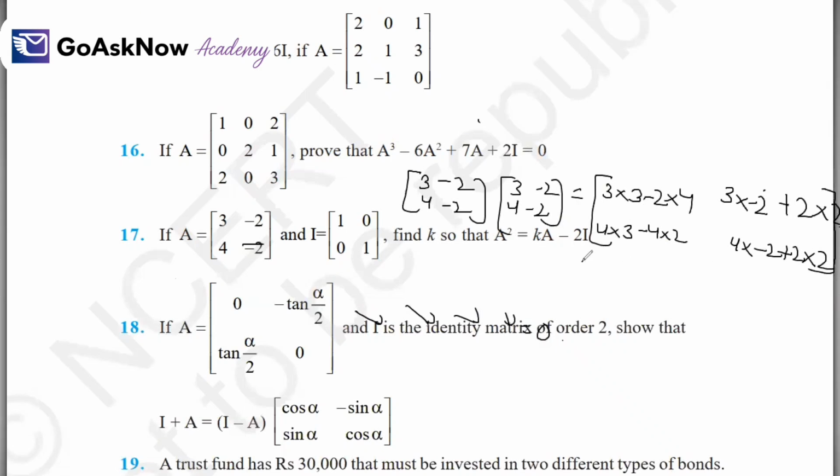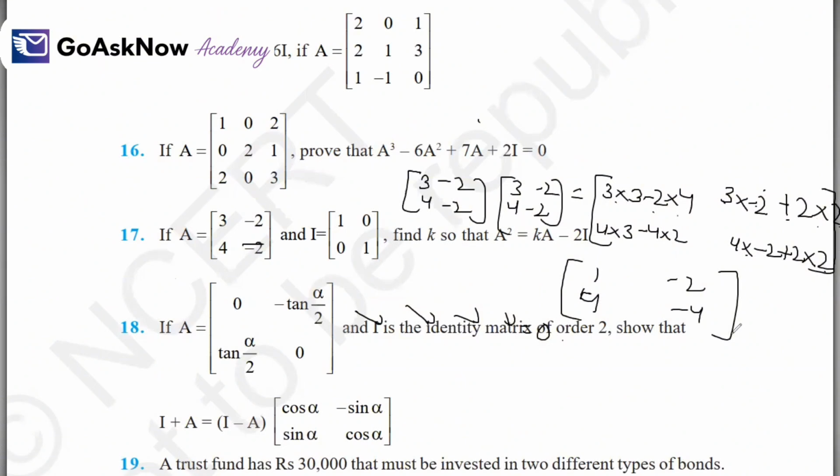After calculating it, you will get here 9 minus 8, that is 1, minus 6 plus 4, minus 2. Here 12 minus 8, so it will be 4. And here minus 8 plus 4, minus 4. So that is your A square.